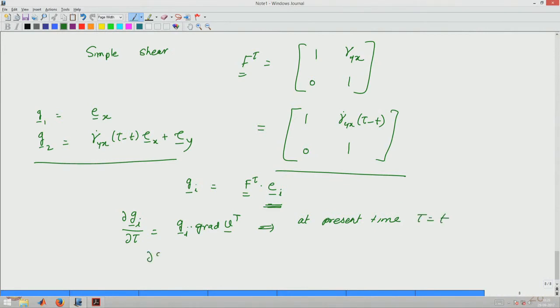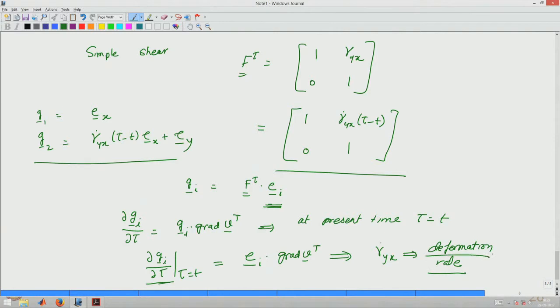So, therefore, we can evaluate this del Gi by del tau at tau is equal to t, and we know that at tau is equal to t this is Ei and that is gradient of velocity. So, therefore, gamma dot yx will be the indication of deformation rate. And so, the derivative of base vectors gives us deformation rate, and the base vector itself gives us deformation.